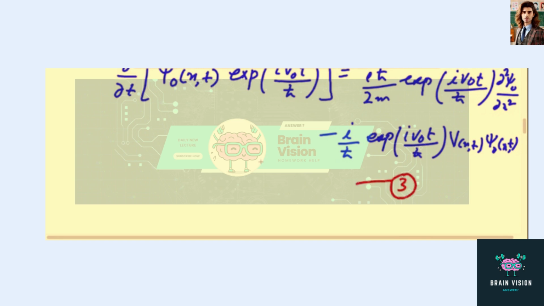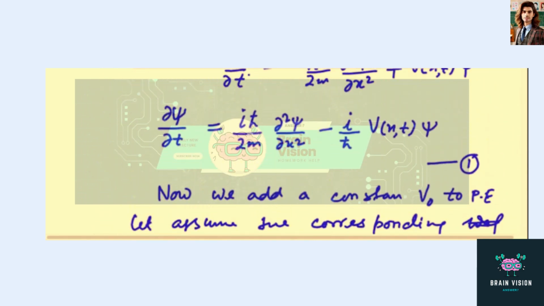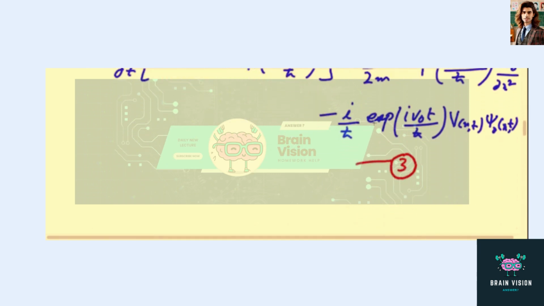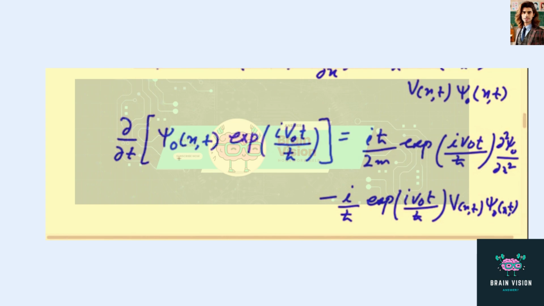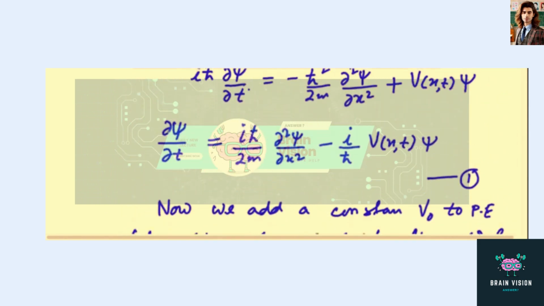Now compare equation 1 and 3. This is equation number 1, when there is no constant added in the potential energy, and this is equation number 3, when you add some constant into the potential energy. Let's compare equation 1 and 3. Because this is del by del t and this is some wave function, here this is del psi by del t.